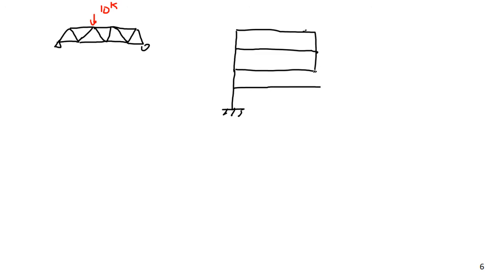So say I have a structure like this, with three columns in one frame line, a whole bunch of fixed connections, fixed supports, etc. Imagine I start applying a large load here. Let's say this center column starts to get a bit overloaded.